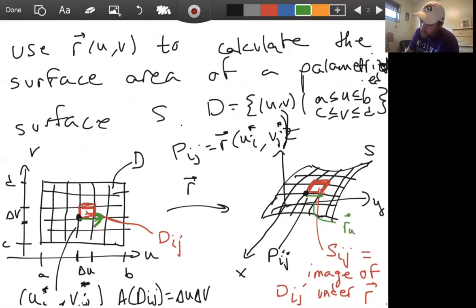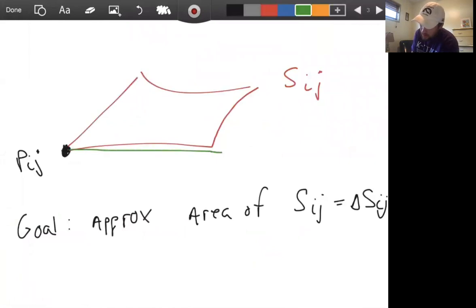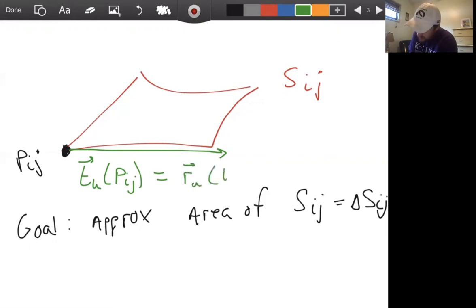So we get this vector here, and we'll call it t sub u at the point Pij. This is going to be equal to, well, we're observing how the surface is changing with respect to u right here, right? And so this is r sub u at this point ui star vj star, right?